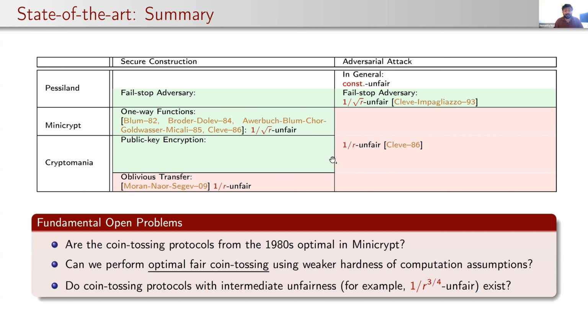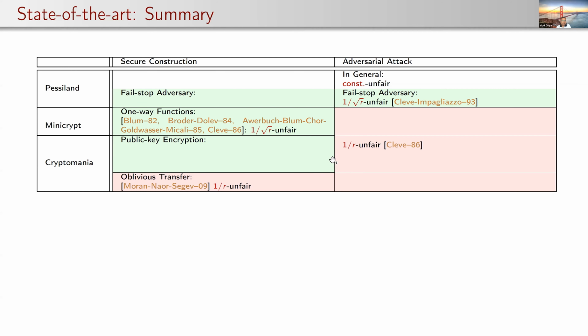Sorry, I'm actually a little bit confused about this. So why doesn't the result of Moran, Naor, and Segev contradict the result of Cleve and Impagliazzo? Is it just because of the assumptions? Yeah, because they are using oblivious transfer. Okay.